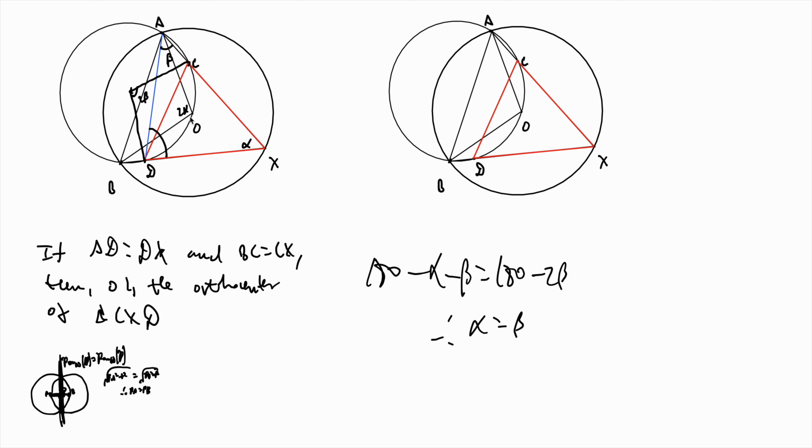So this angle is 180 minus 2 beta. This one and this one is 180 minus 2 beta. But can we write this in terms of alpha and beta?